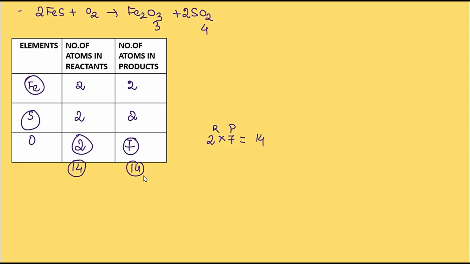Now how to tackle that? Since it is 2, to make it 14 we have to multiply it with 7 for oxygen on the reactant side, and on the product side, since it is 7, to make it 14 we have to multiply it with 2. Okay, so let's write down the existing equation once again.